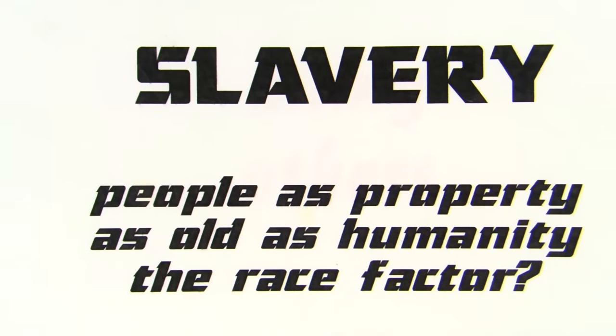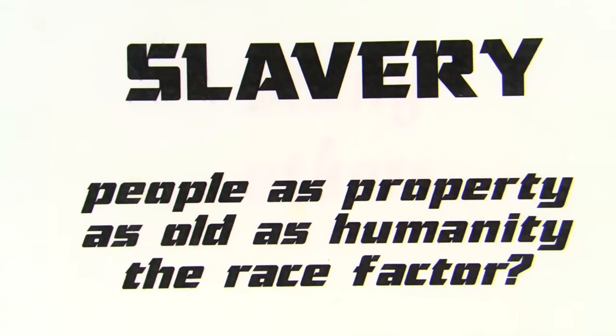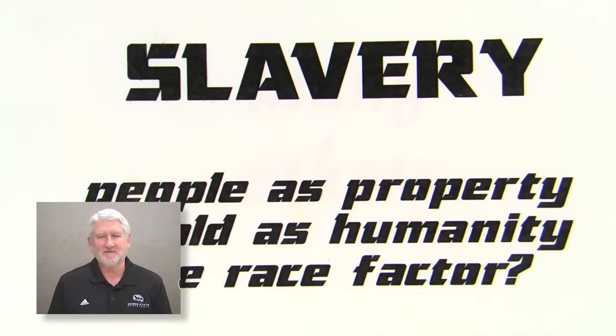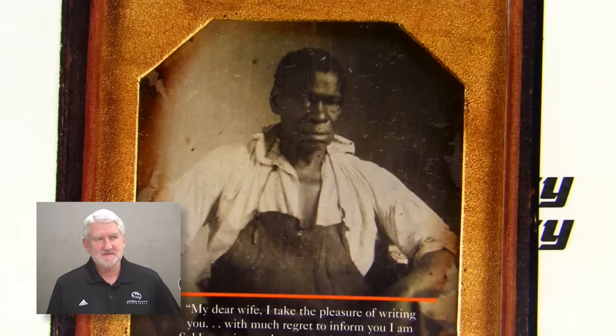What about the so-called race factor? Now, anthropologists would like us to get rid of the word race because it's a construct of the human mind. It helps us understand, however, as we use the term in this context, that in the mind of most Americans, when you think of slavery, you picture in your mind someone who looks something like this.